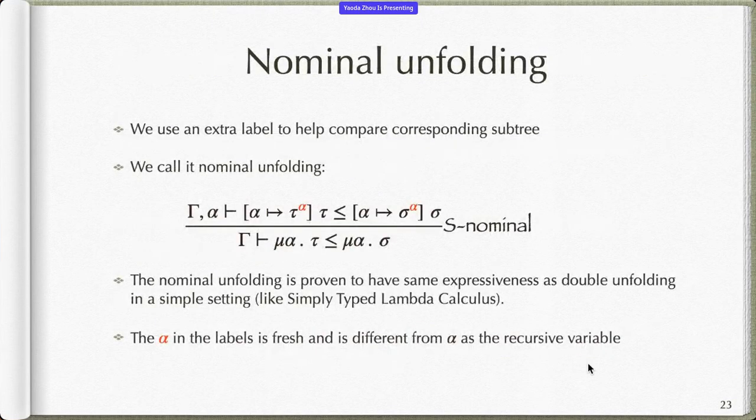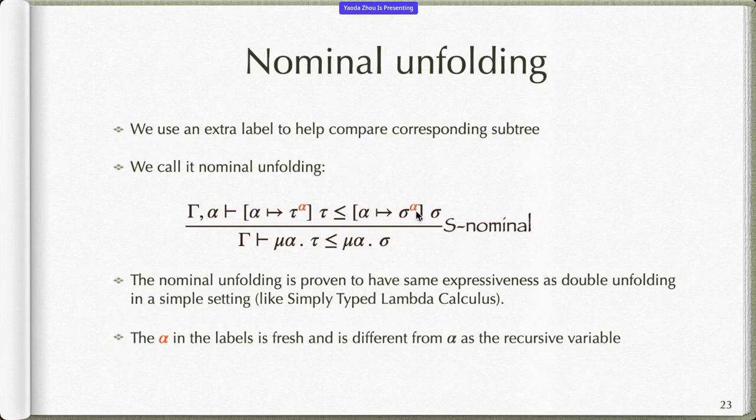And the double unfolding rule is still not so satisfactory because we need to have two premises to check. And thus we propose another Iso-Recursive subtyping rule, which is called the nominal unfolding rule, that achieves the effect of doing one-time finite unfolding by adding this extra label. Here we use the red alpha to denote here.